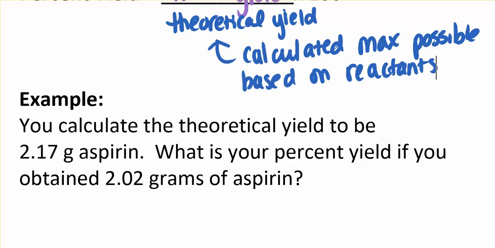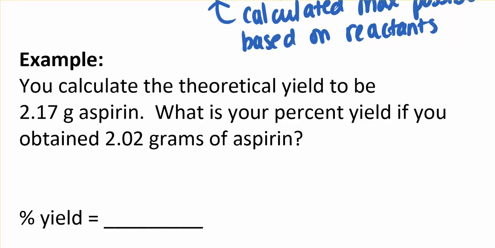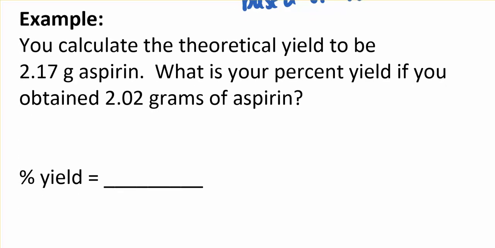Let's look at an example. So you calculate the theoretical yield to be this, this is theoretical, and what is the percent yield if you obtain this much? This is the actual.